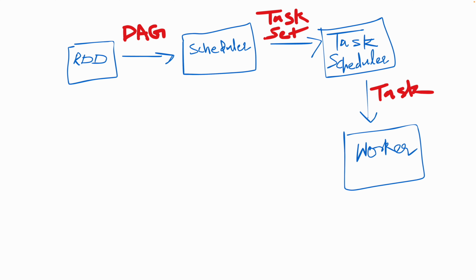For example, if there are multiple map operators being used, it might combine them into one stage. So the end result of the DAG scheduler is generally an optimal set of stages in the form of a task set, which are then passed to the task scheduler, and the task scheduler launches the tasks through the cluster manager, and it doesn't know anything about the dependencies of stages. And finally, these tasks are given to a worker which executes them.